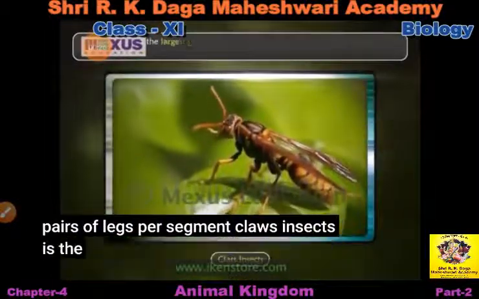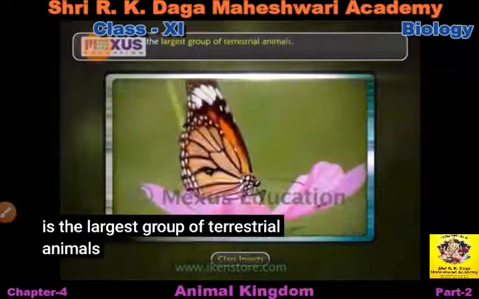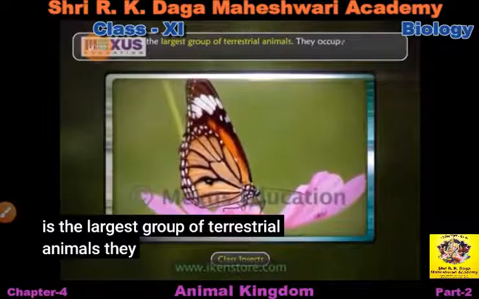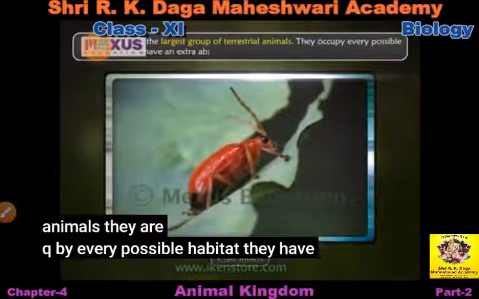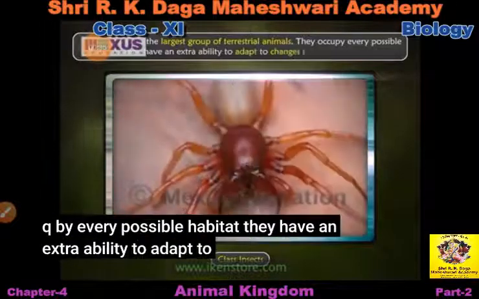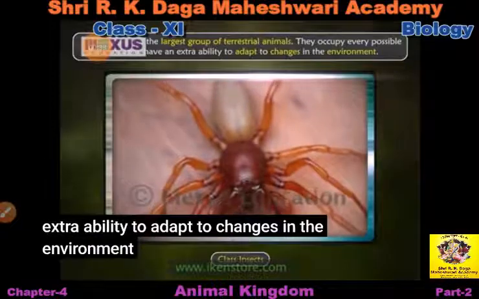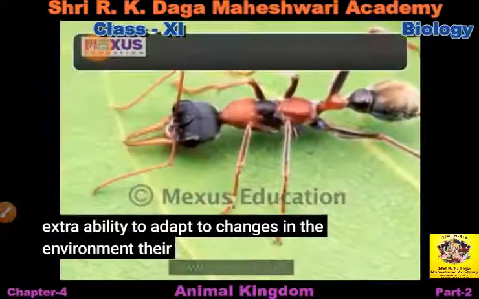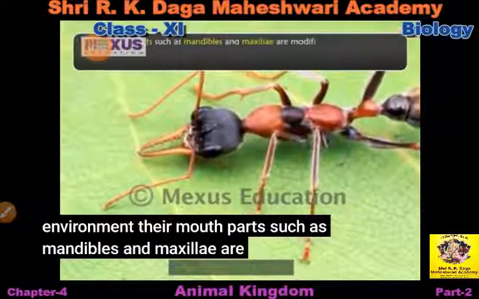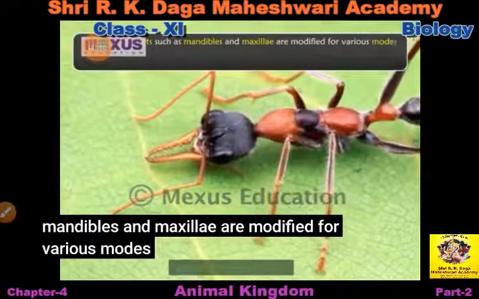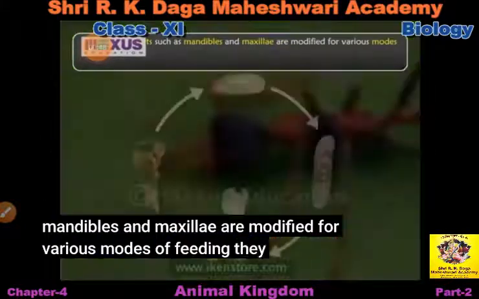Class Insecta is the largest group of terrestrial animals. They occupy every possible habitat. They have an extra ability to adapt to changes in the environment. Their mouth parts, such as mandibles and maxillae, are modified for various modes of feeding.